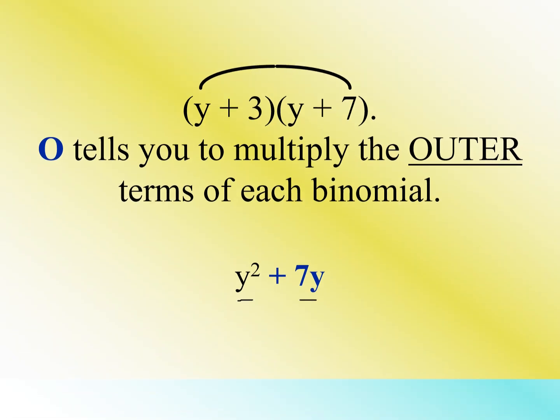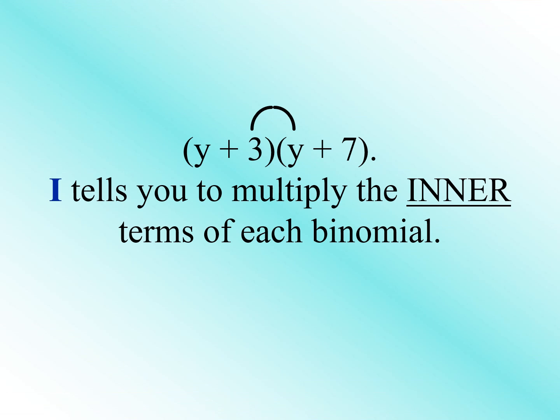Then we'll proceed with the I. I tells us to multiply the inner terms of each binomial. So we have 3 times y. These are our inner terms. So we have 3 times y, that is 3y.